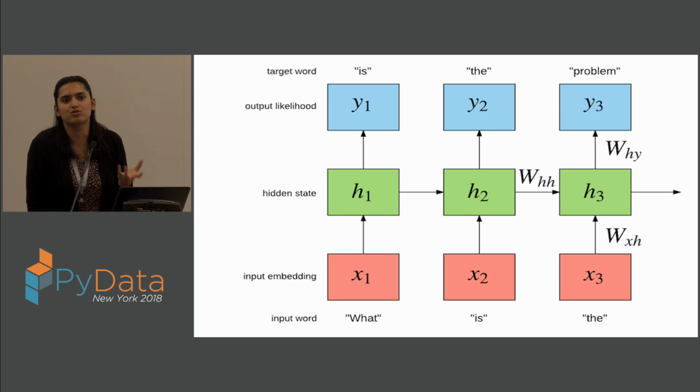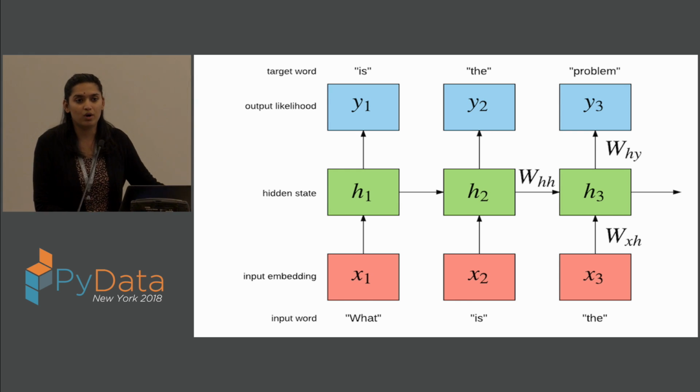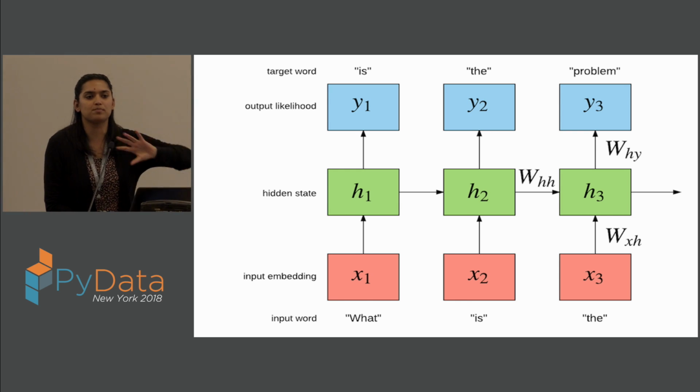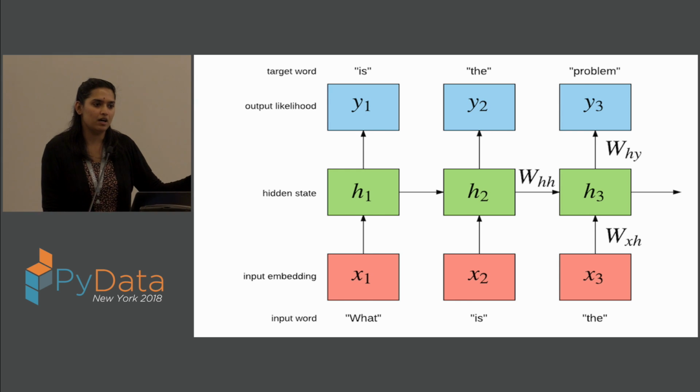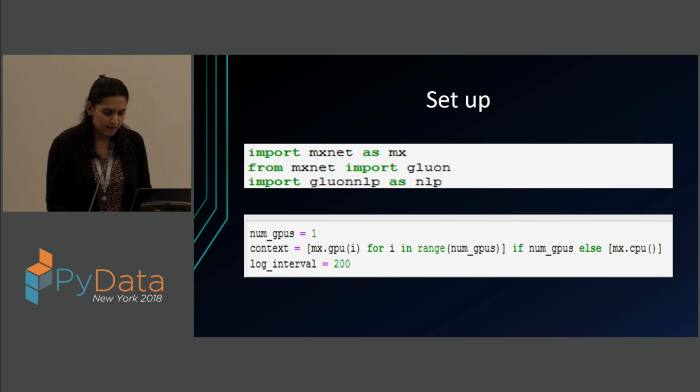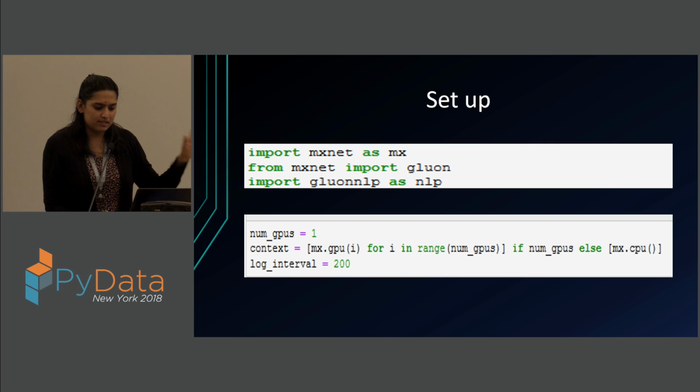For language modeling, the most common one used these days is what we call the RNNs. And one of the more common examples in GluonNLP is the LSTM model, the long short-term memory model, which is a specific kind of RNN model available.